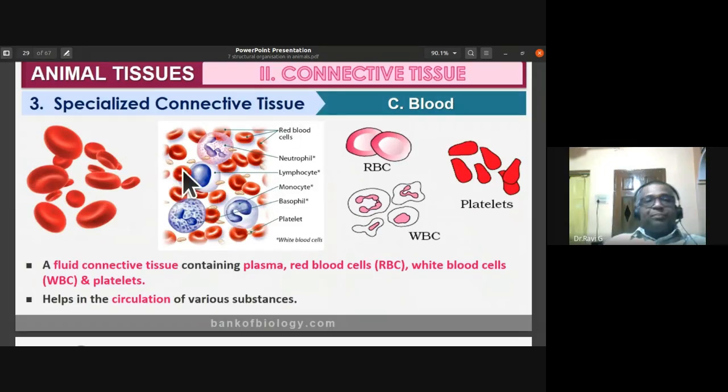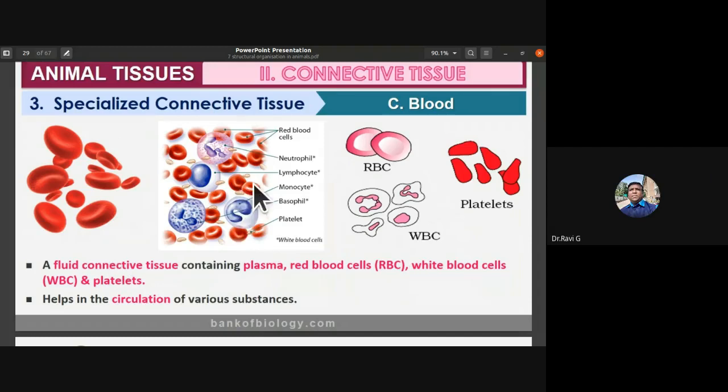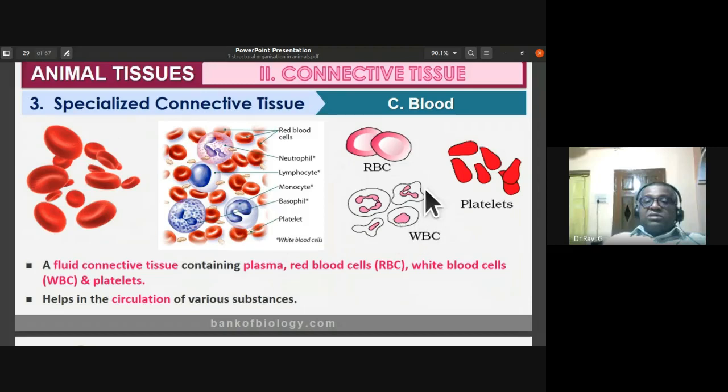Next specialized tissue is the blood. So blood has the cellular component and the fluid part. The cellular component has RBC, WBC, and the platelets. RBC or red blood corpuscles or red blood cells are also called erythrocytes. White blood cells or white blood corpuscles are also called leukocytes.